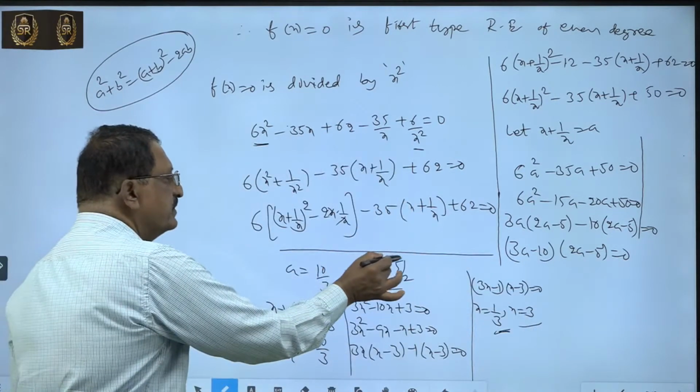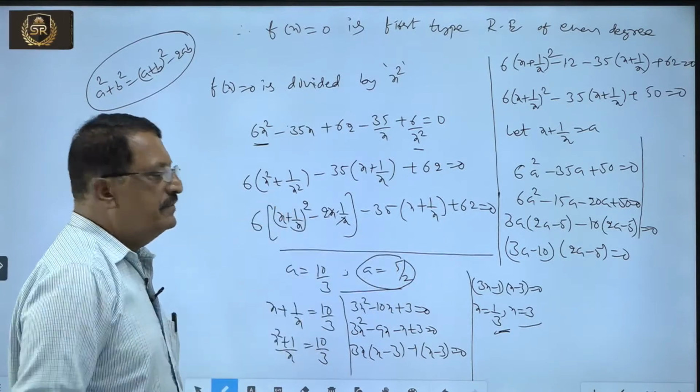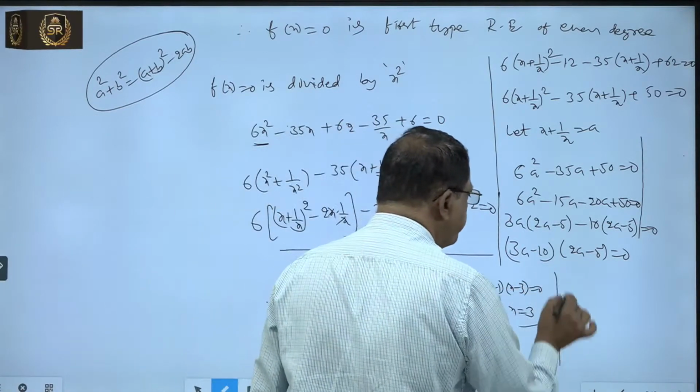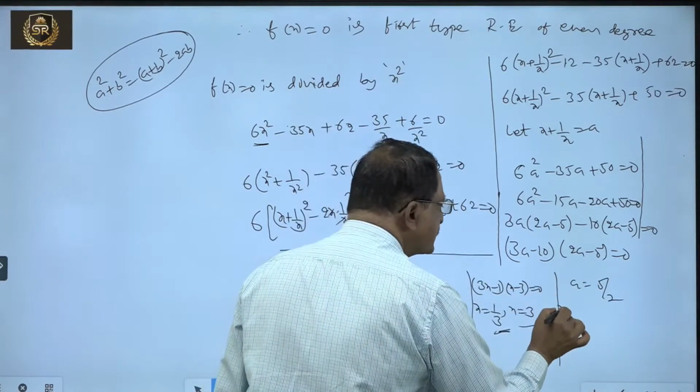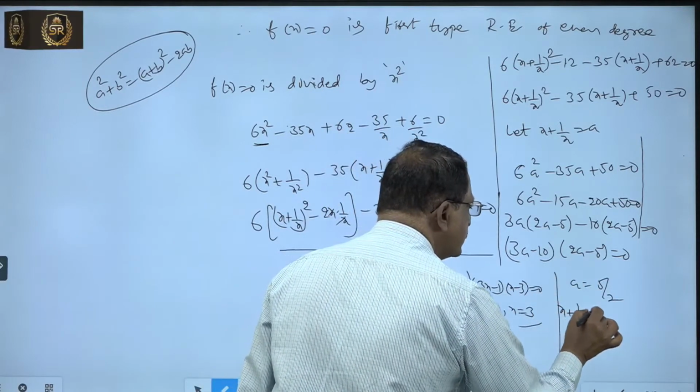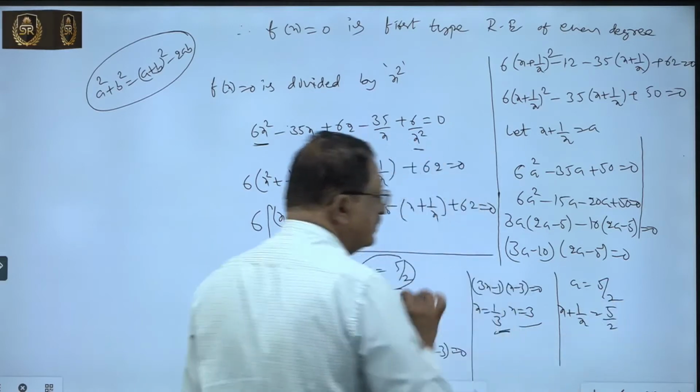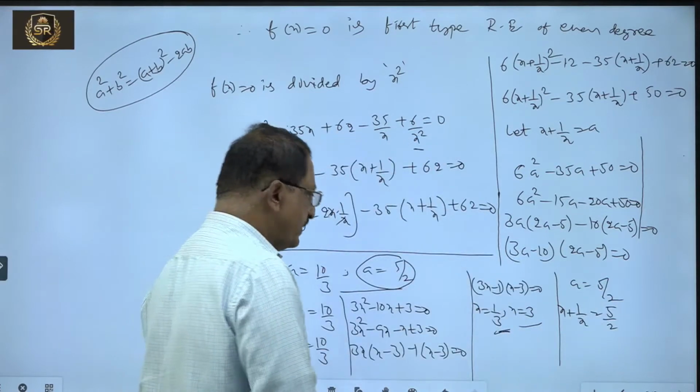Next, suppose we take the value of a equals 5 by 2. A is nothing but x plus 1 by x equals 5 by 2.